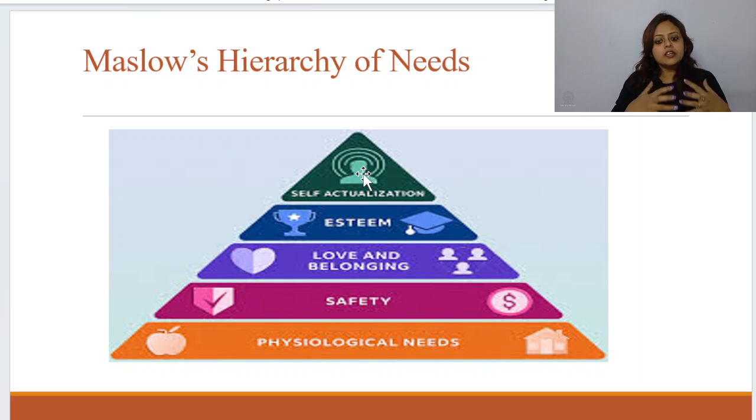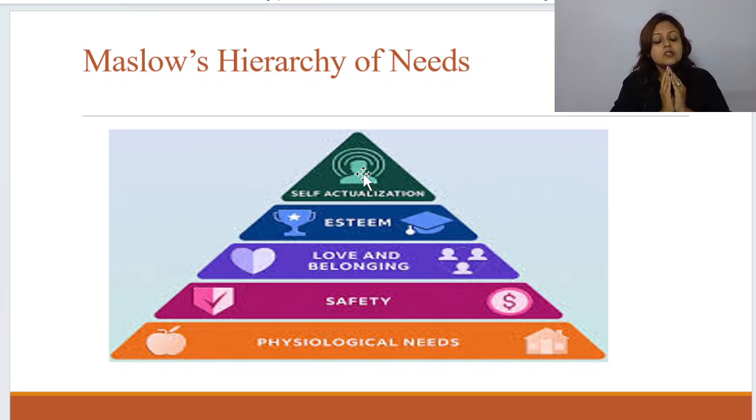Over here, it means that we obviously need a place to live in, so that we can get protected from the heat, the cold, the rain, the winds. So it is the basic need of an individual to have a house, to have a shelter where they will feel safe, where they know that I have a place to go.